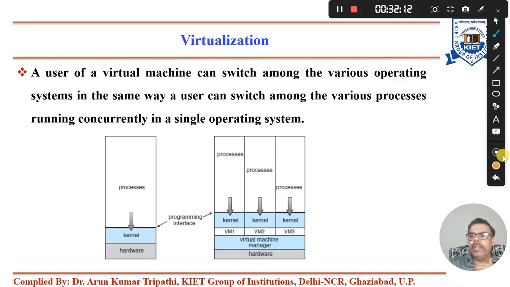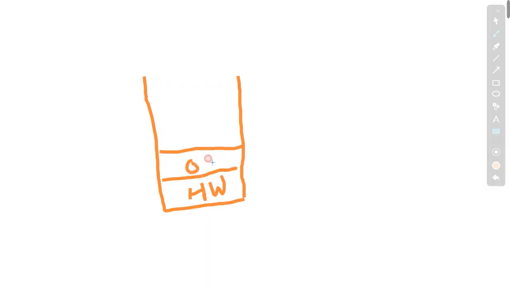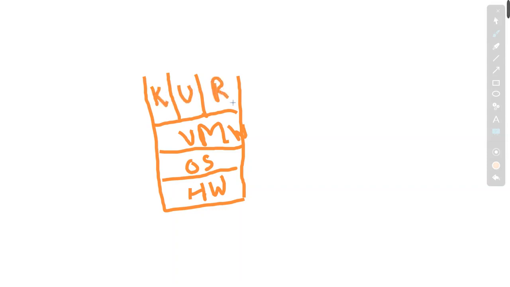This can be understood by an example. Suppose this is the hardware on which I have installed the OS, that is my Windows 10, and on that I have installed VMware, and on this I am running a number of operating systems. Here I am using Kali Linux, here Ubuntu, here Red Hat.